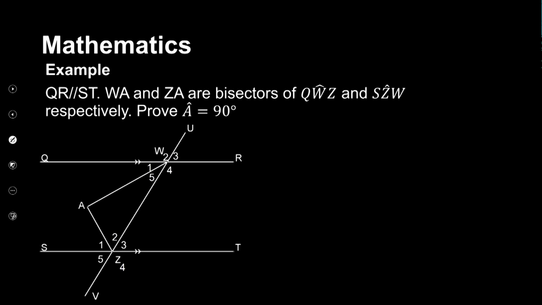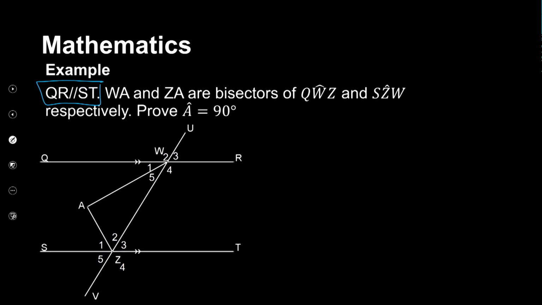Now, let's try and apply all of this that we've spoken about. If I say QR is parallel to ST, I'm not even going to continue with anything there because I'm now interested in what this does for me on the diagram. Why is it important that I know that? What information will it introduce for me?